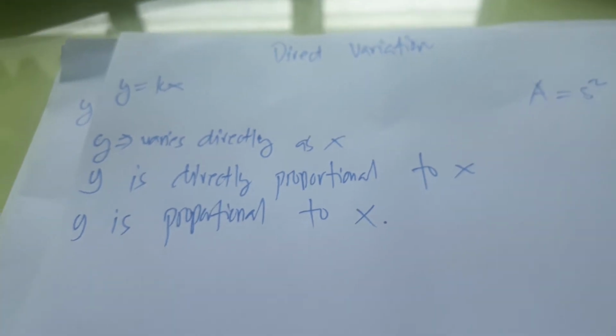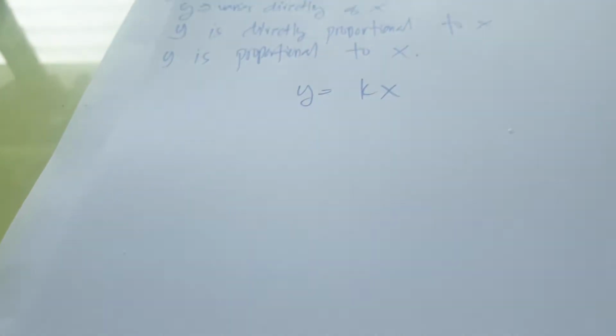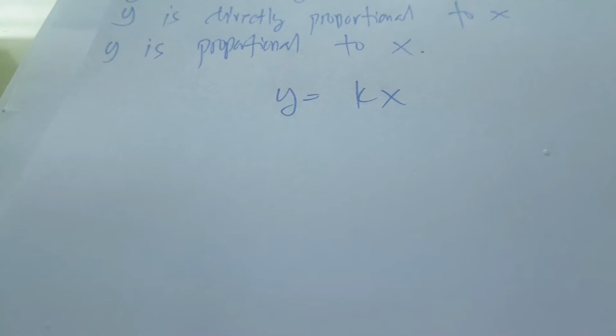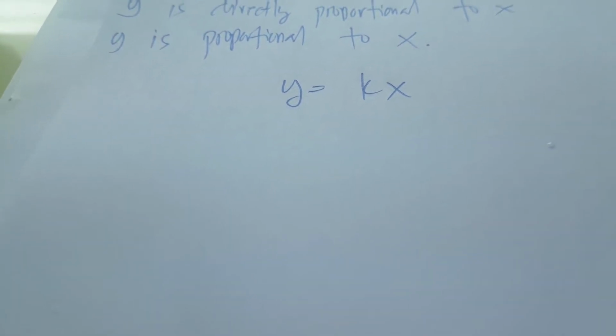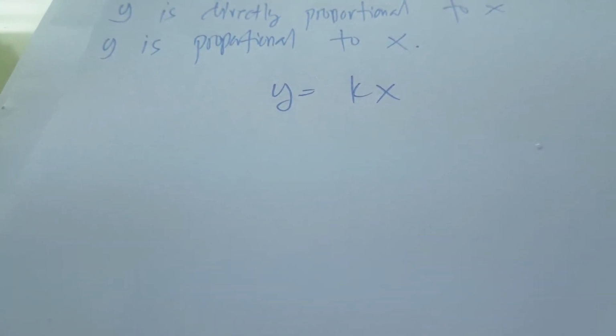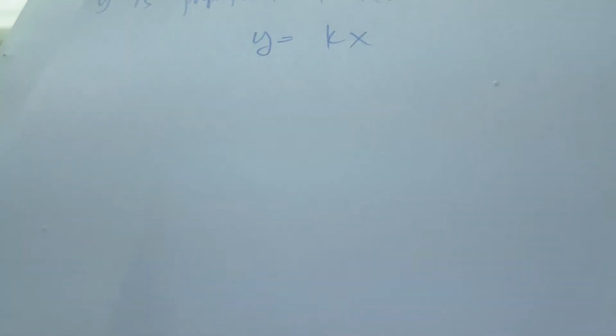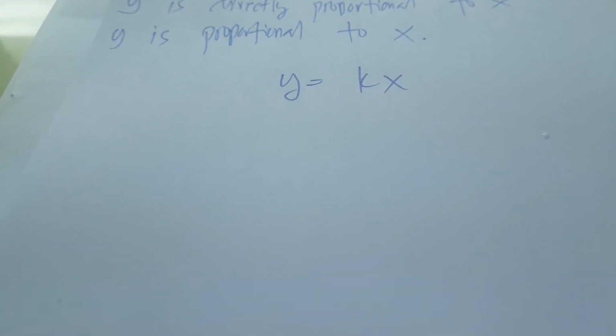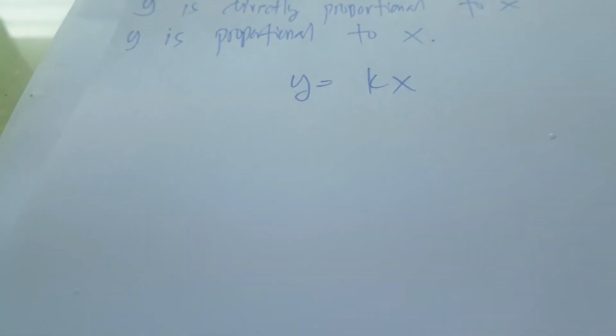Okay, go back to our direct variation of the form y equals k times x. Direct variation is the type of variation where the ratio of the two variables is held constant.